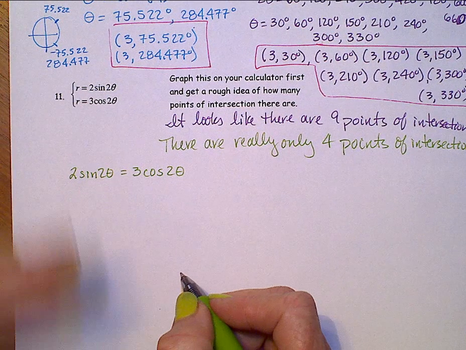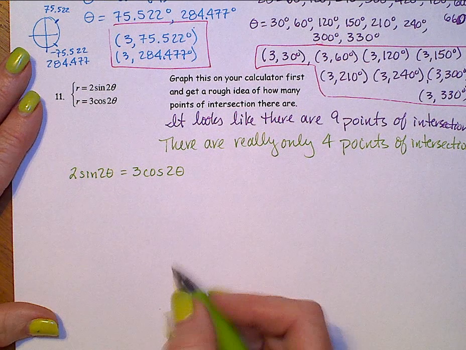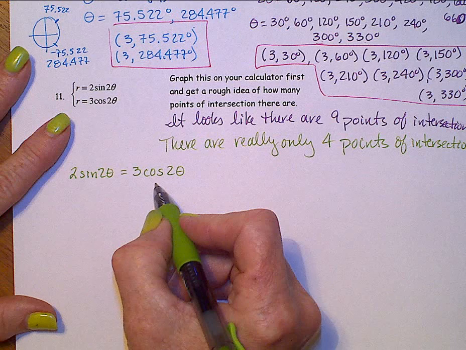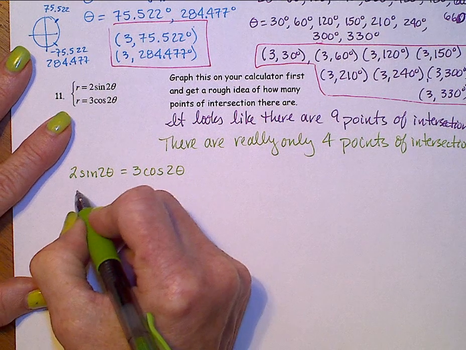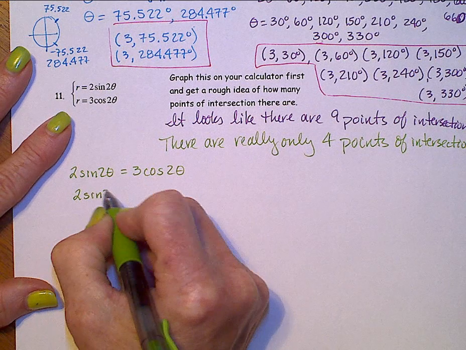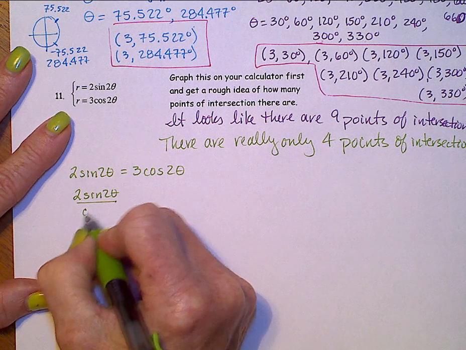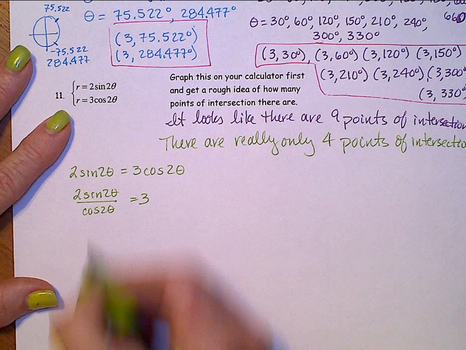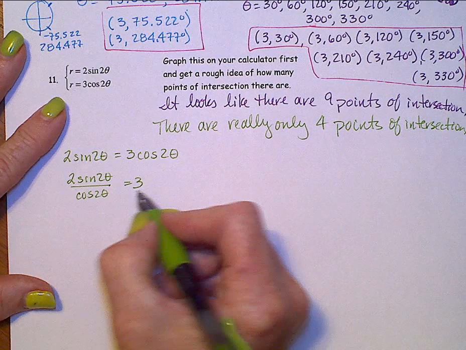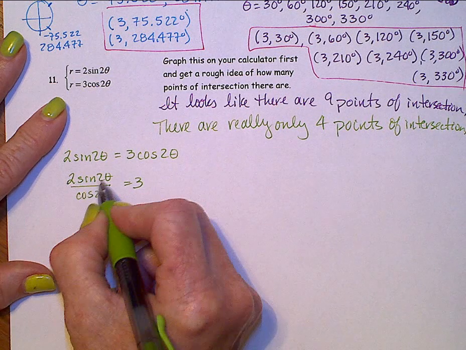All right, now you may not see what to do right away, but just bear with me. Could I divide both sides by cosine 2 theta? That would give me 2 sine 2 theta over cosine 2 theta equals 3. Then divide out that 2, this 2, not the 2 that's inside the sine, but this 2.